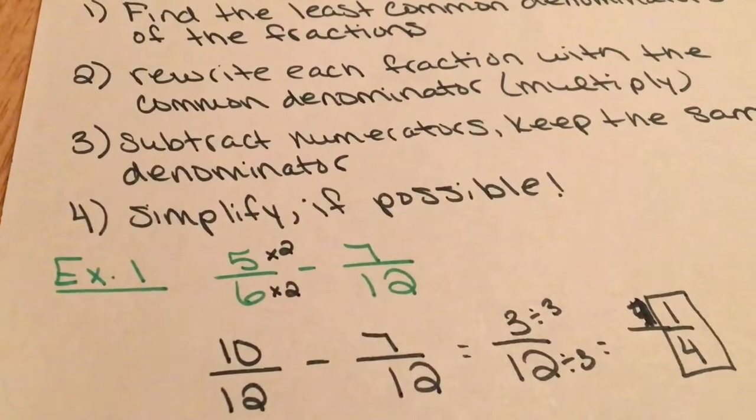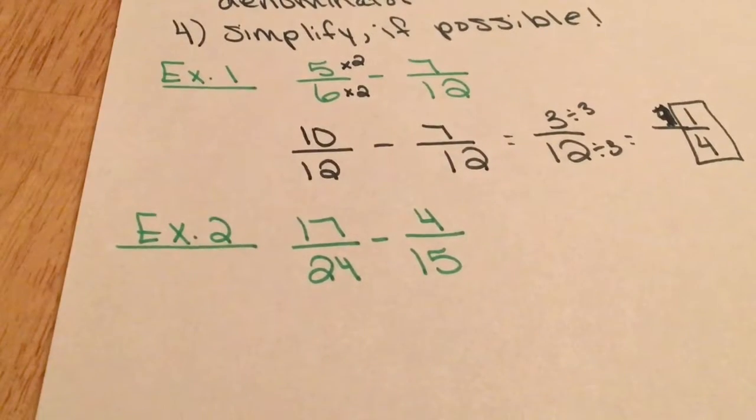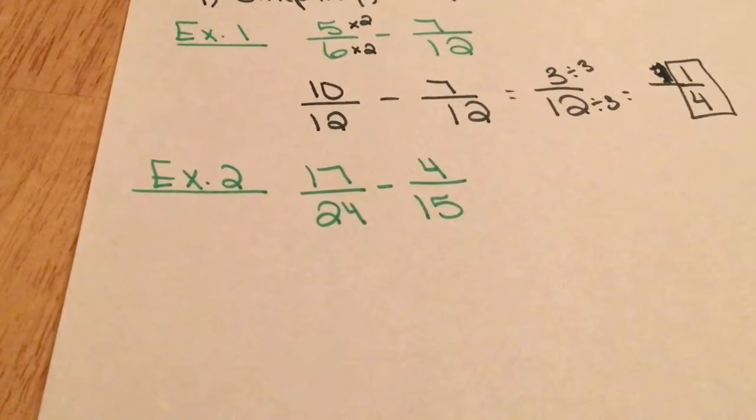All right. Let's look at our second example here. This one's going to be a little bit tricky because we have large denominators. So our first step is to find that least common denominator. Just like we did with our addition, I'm going to go ahead and list my multiples of both 24 and 15 because I really don't know what those are.